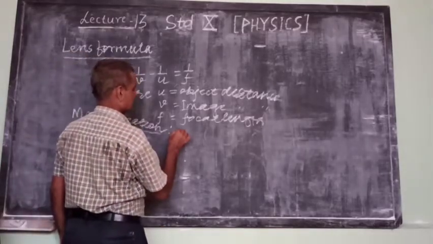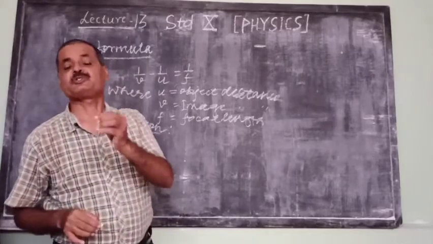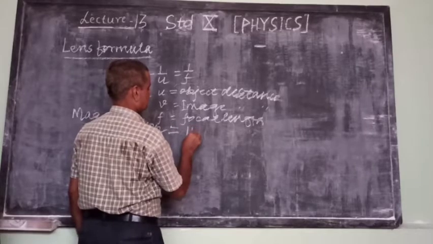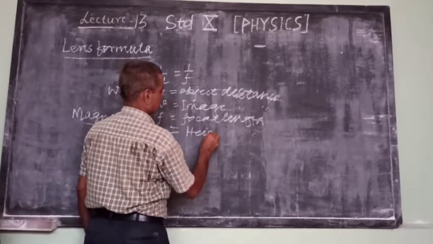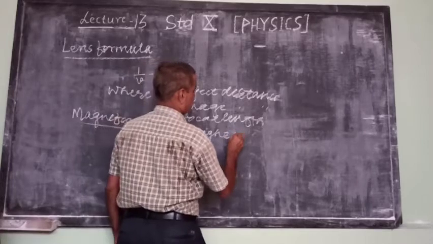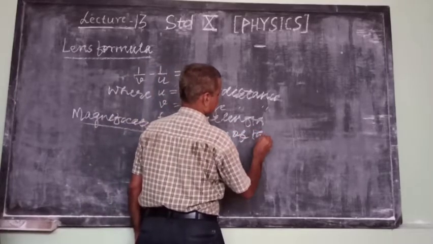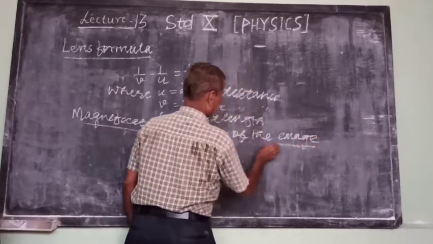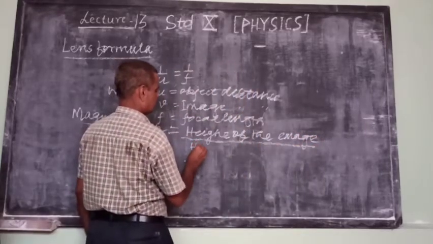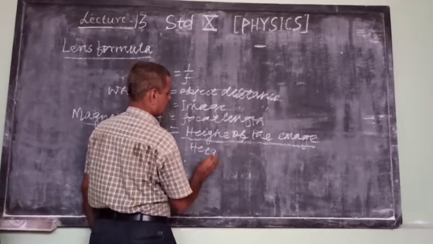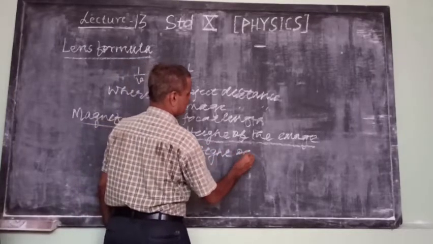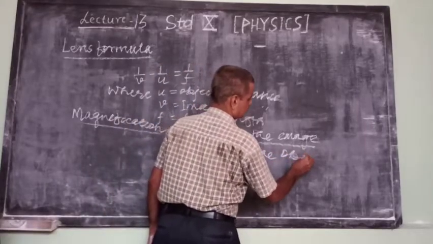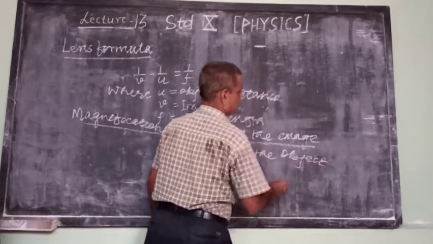Magnification means, write down, it is the ratio of the height of the image to the height of the object.